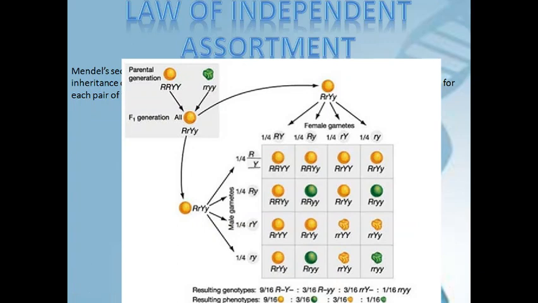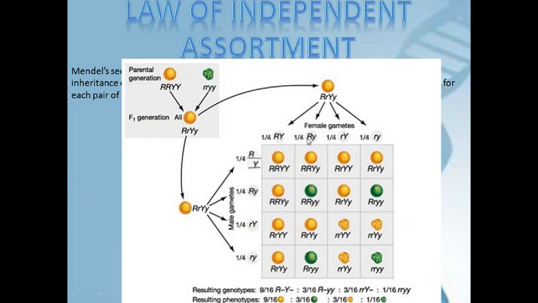He self-fertilized these F1 generation plants and found a variety of gametes now: small r small y, small r capital Y, capital R small y, and capital R capital Y. Now if we multiply like this, RY into RY, we will get RRYY.